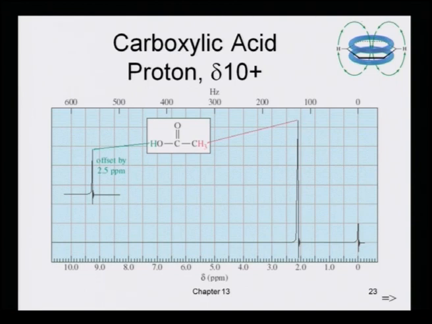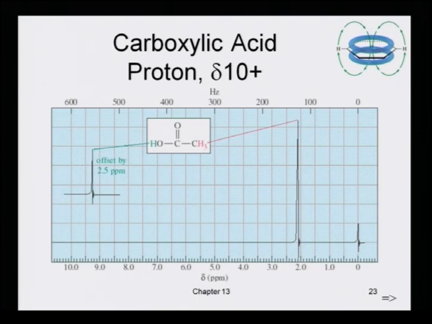So, if we look at the carboxylic acid, the proton comes at delta almost close to 10 or sometimes even above 10. If we take a simple example of acetic acid, it has only two types of proton, one belonging to the carboxylic group and the other belonging to the methyl group.